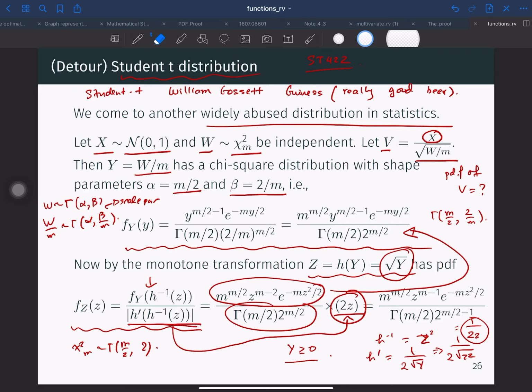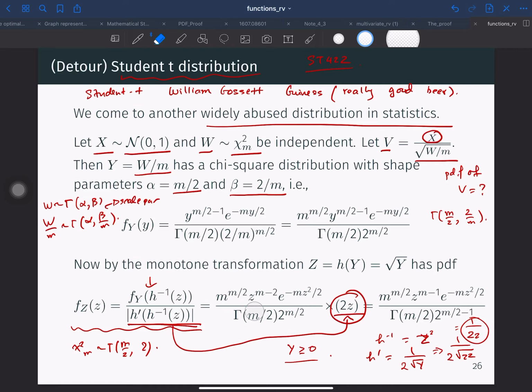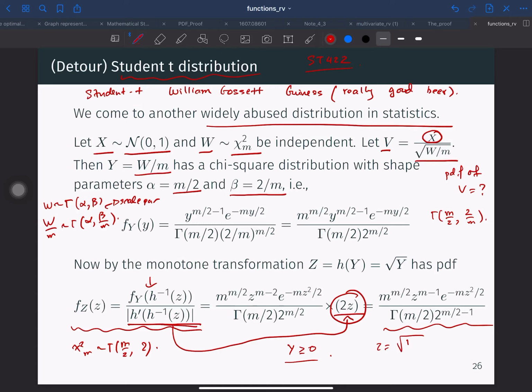Let us erase this part here so we can see more clearly. That's why the 2Z is simply this part here. Some simplification will therefore give you this as the PDF for Z, which is the square root of W divided by m.